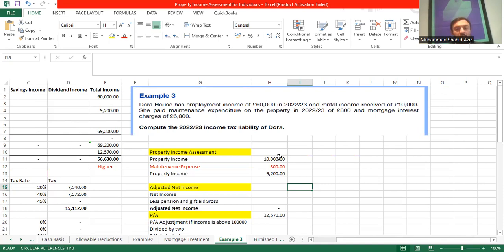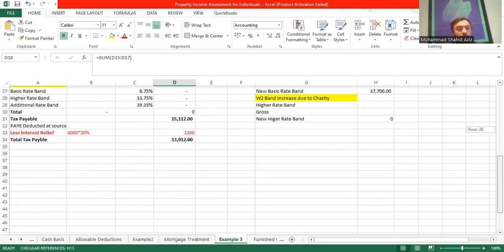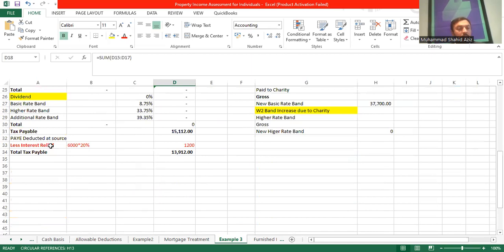So property income is 10,000 minus 800, which is 9,200. Property income is 9,200 and employment income is 60,000. So the total is 69,200 and we will minus the personal allowance. So the total income is 56,630 pounds and the tax we have calculated is 15,112 pounds. Now the interest relief we have to apply.